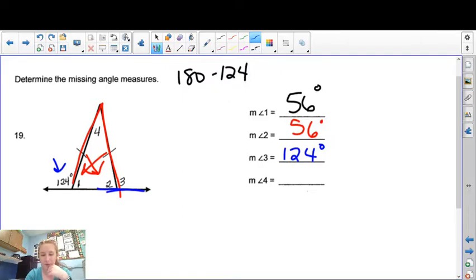And then let's see, 56 and 56 give me 112, so I need 180 minus 112 to give me 68, which is angle 4.